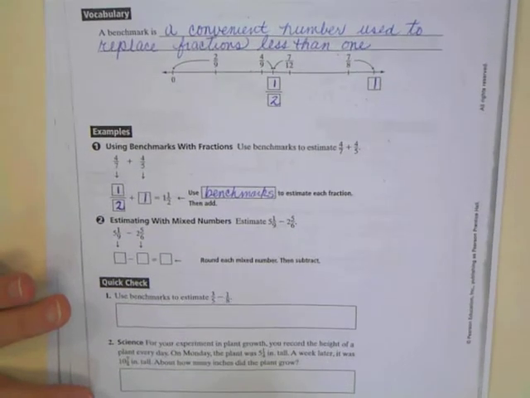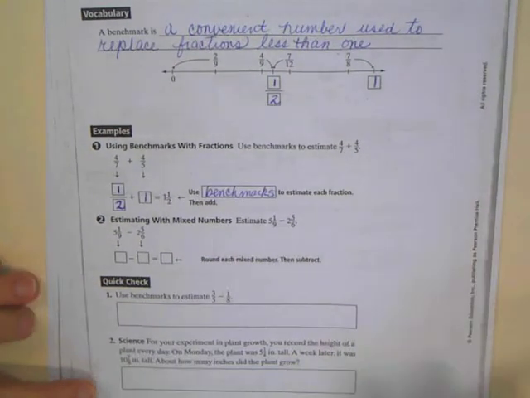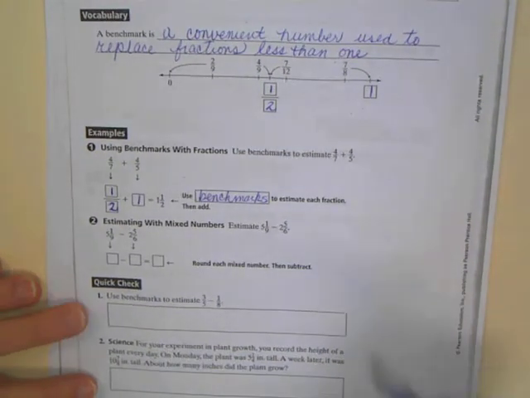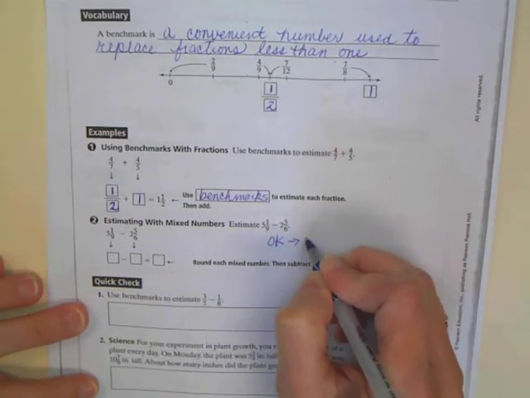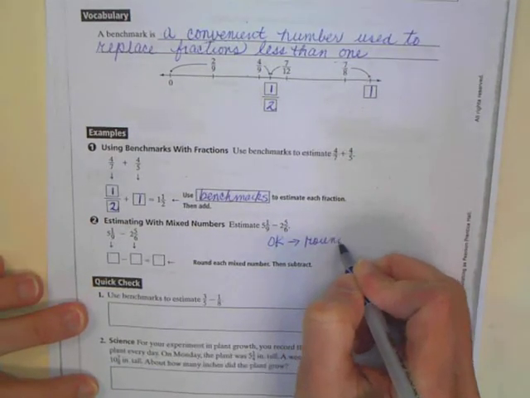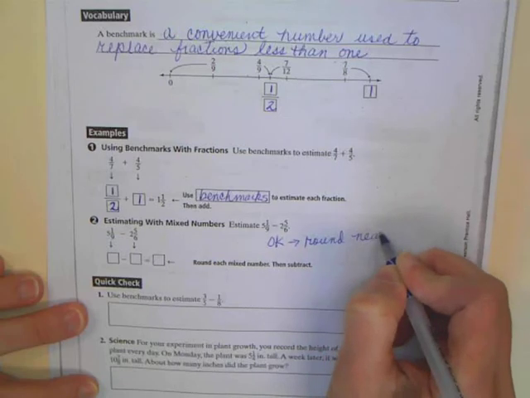Now here is a case where I'm estimating with mixed numbers. When we do this with mixed numbers, generally I recommend to round to the nearest whole number.